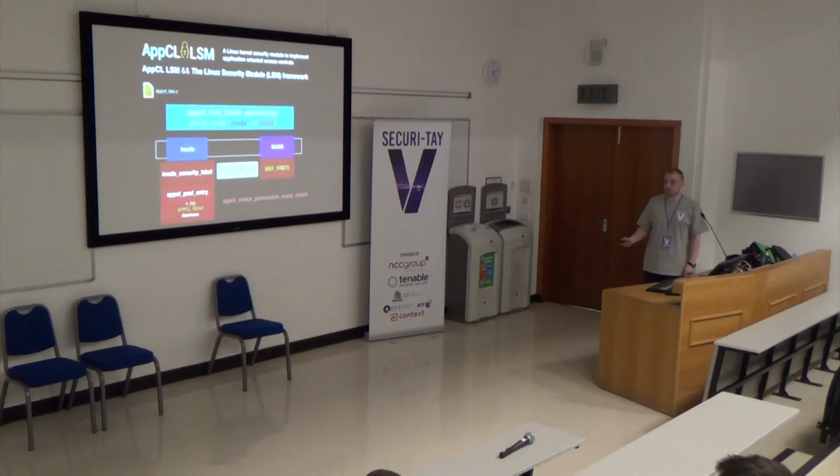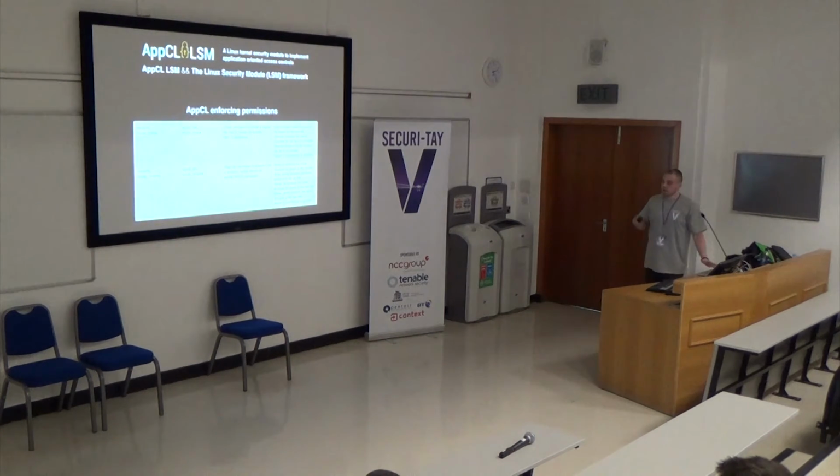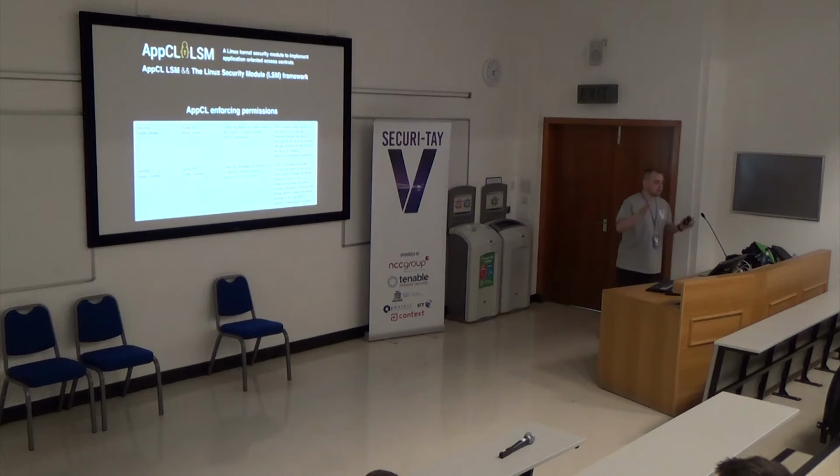If it's not, if it's asking for write and it's only got read permission, then it won't grant access based on that. Then on more specific permissions, we're looking at an actual operation itself.